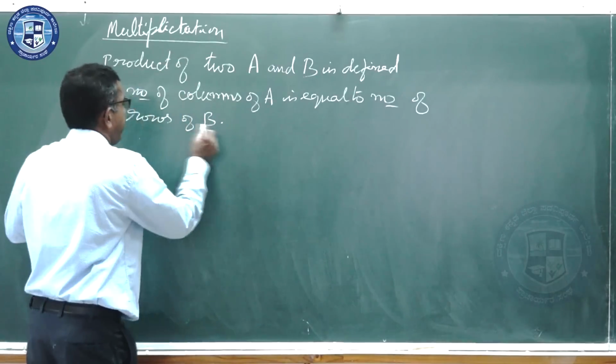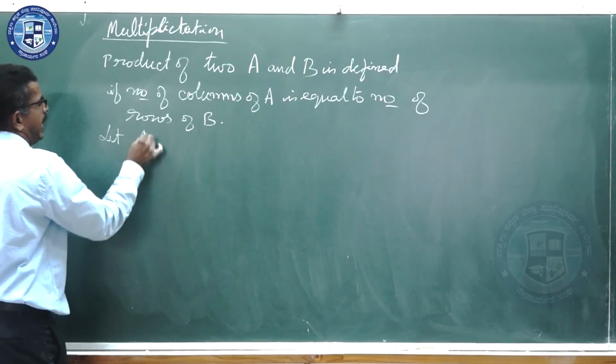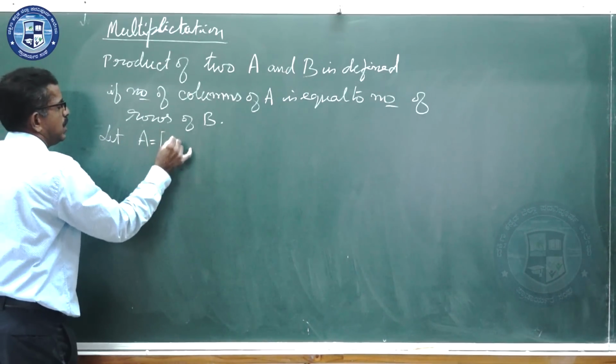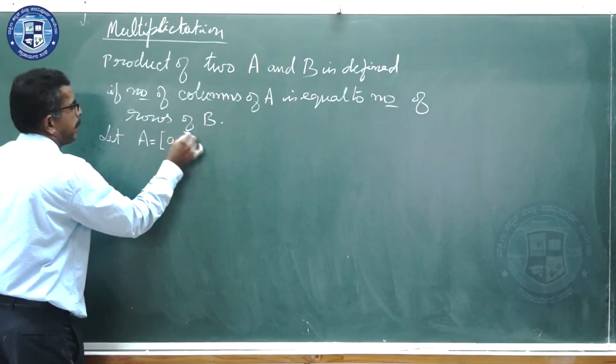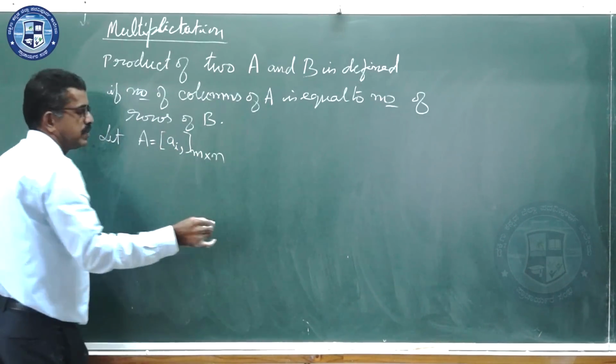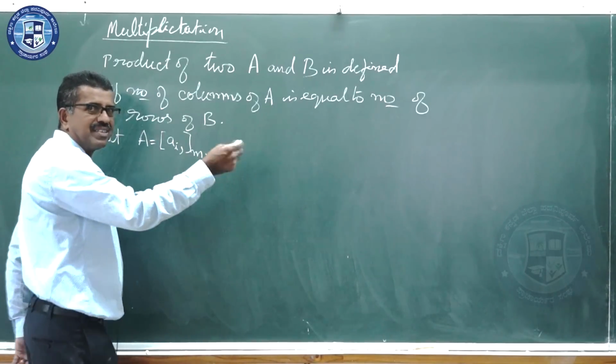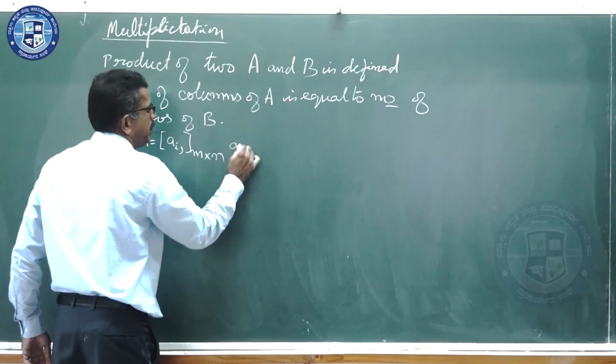So that means, I'll take a matrix with elements Aij. Let its order be m cross n. And I'll take another matrix B. What should B be then?